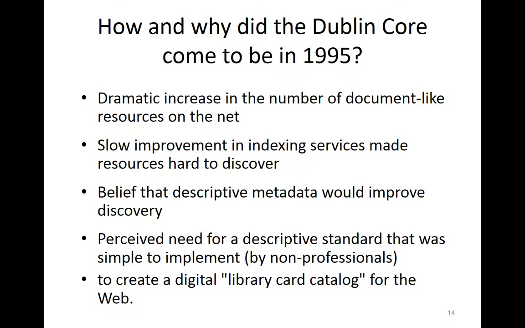The belief was that descriptive metadata would improve discovery, and it did help. The idea was also to make the skills needed to do that description low enough that almost anyone could do it.